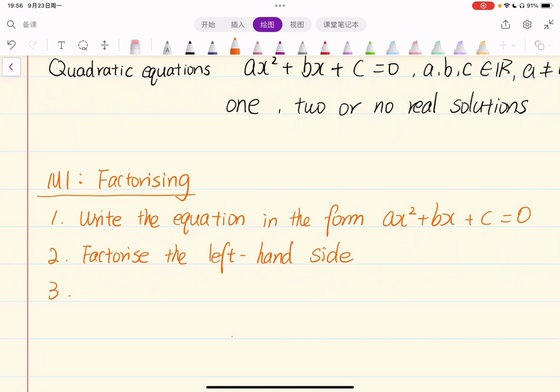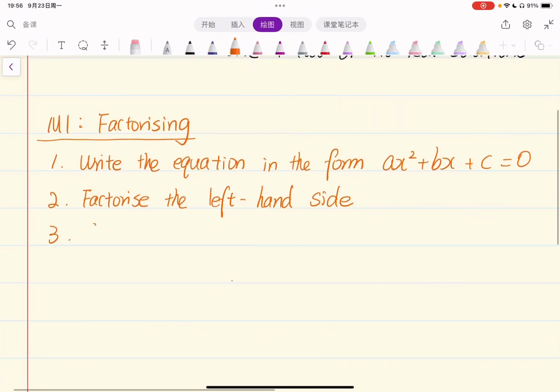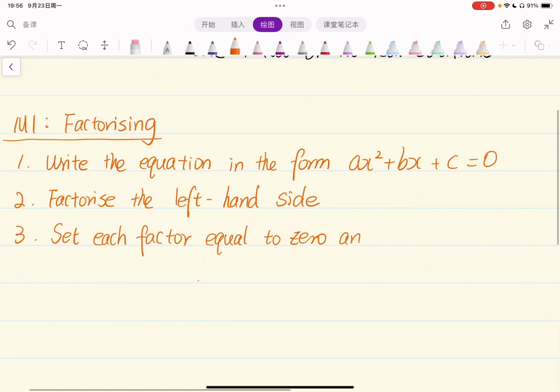The third step is to set each factor equal to 0, and solve to find the value of x.